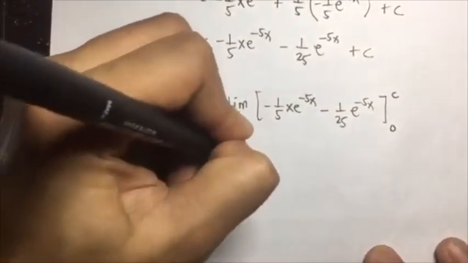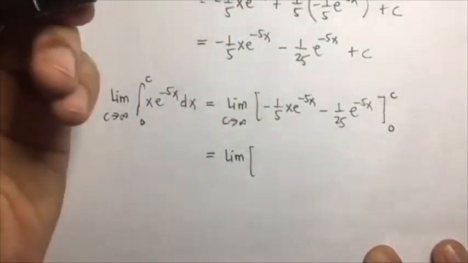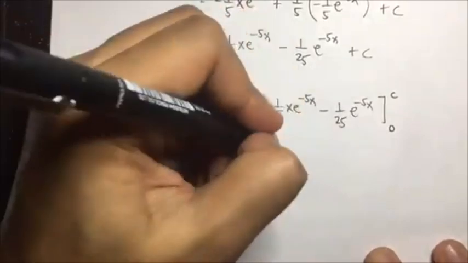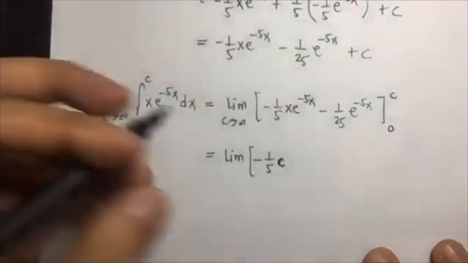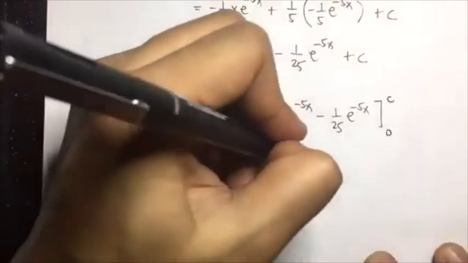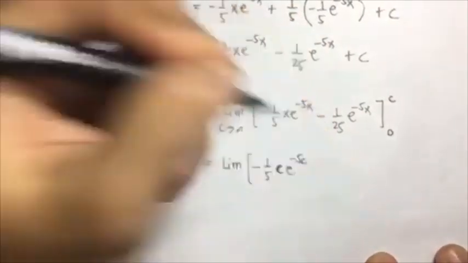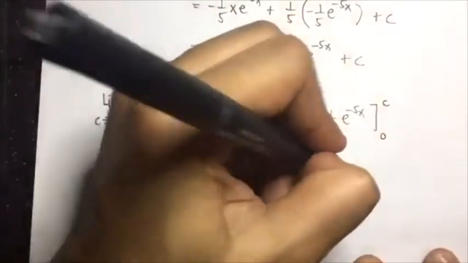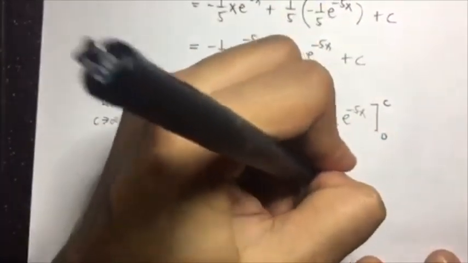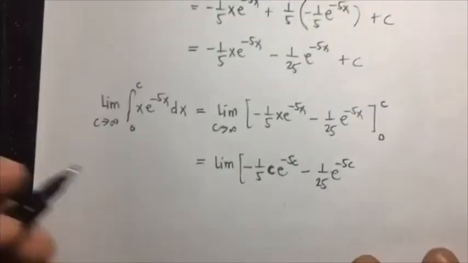Okay, next is substituting the limits. Upper limit is c, so the limit of negative 1/5 times c, e raised to negative 5c, minus 1 over 25 e raised to the negative 5c.